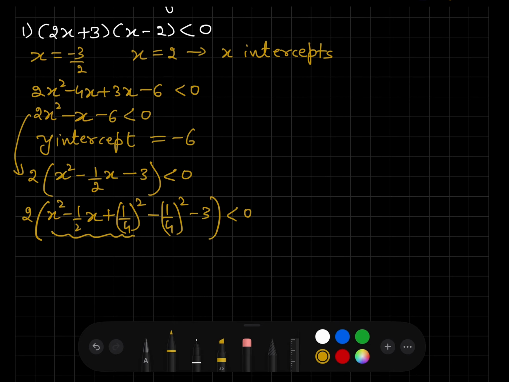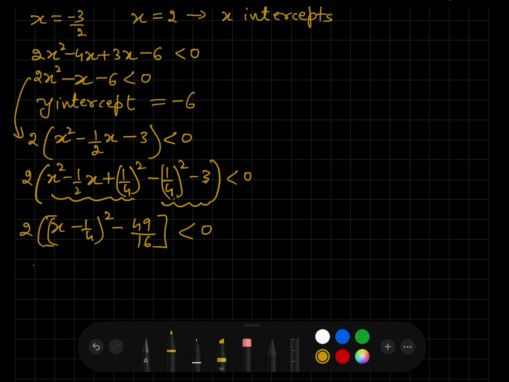Now this can be written as x minus 1 by 4 whole squared. Let us write the square bracket now. And here, 4 4s are 16, 16 times 3 is 48. Negative 48 and negative 1 gives negative 49 over 16, less than 0. So now this becomes 2 times (x minus 1 by 4) whole squared, and minus 49 times 2 over 16, less than 0.